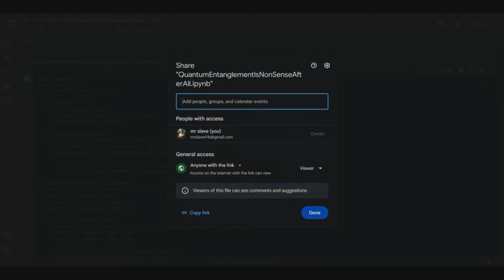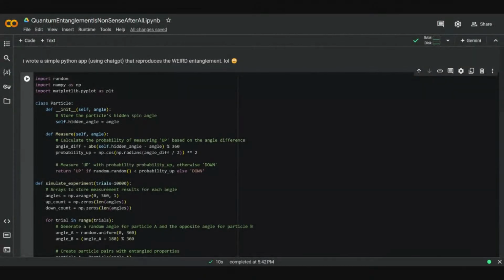I was too trigger happy. Copy link. Let me think. So this is the angle difference.